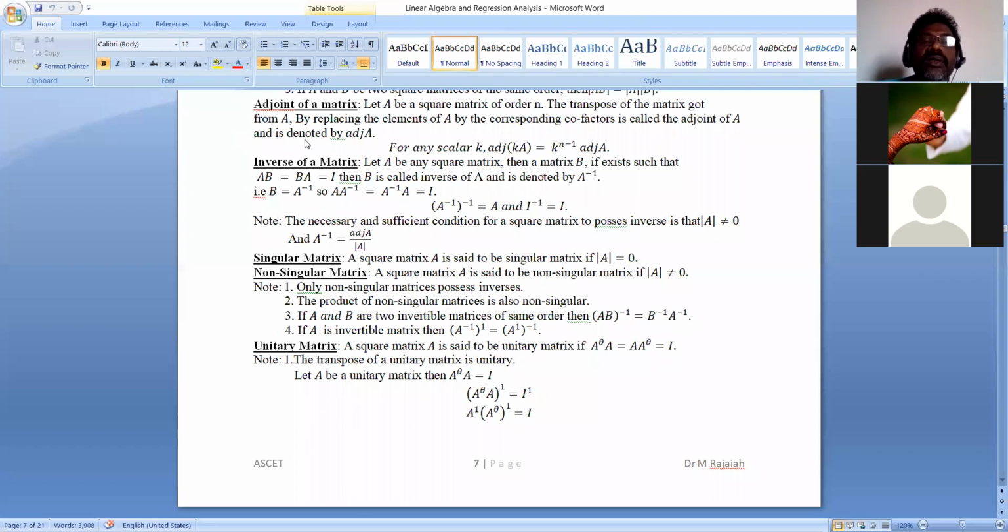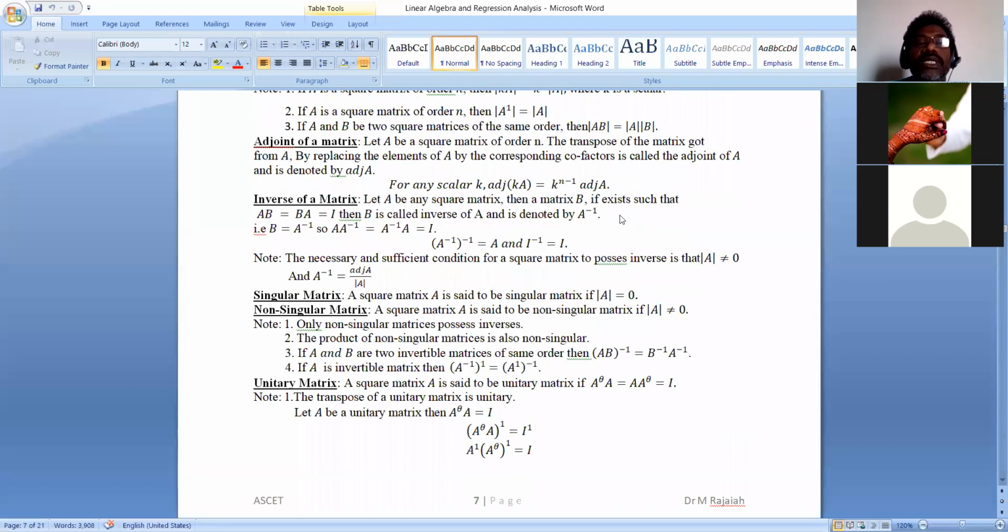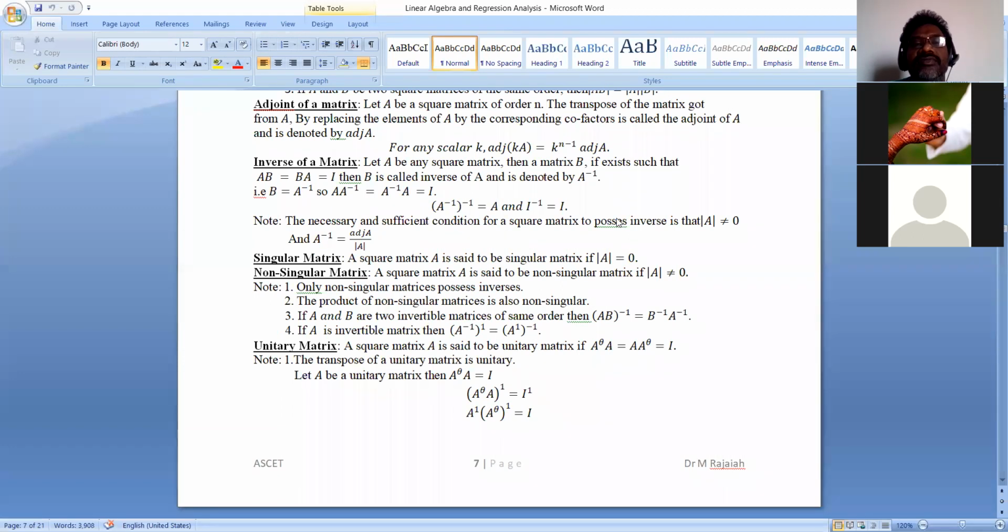Okay. Today we are going to discuss adjoint of a matrix. What is adjoint of a matrix? Let A be a square matrix of order n.